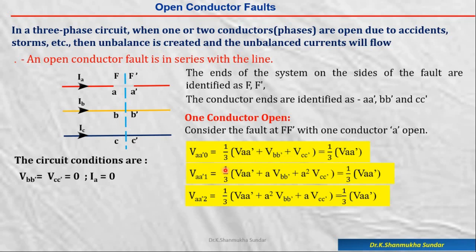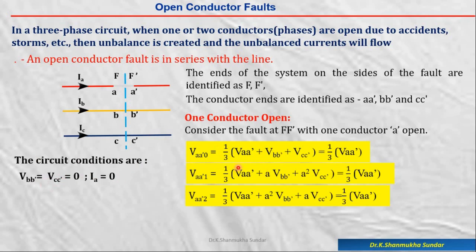Similarly, for positive sequence, 1 over 3 (VA dash plus a VBB dash plus a square VCC dash). Similarly, for negative sequence, 1 over 3 (VA dash plus a square VBB dash plus a VCC dash). Is it clear? So this is how we have to vary the formulas with respect to two ends of a conductor.